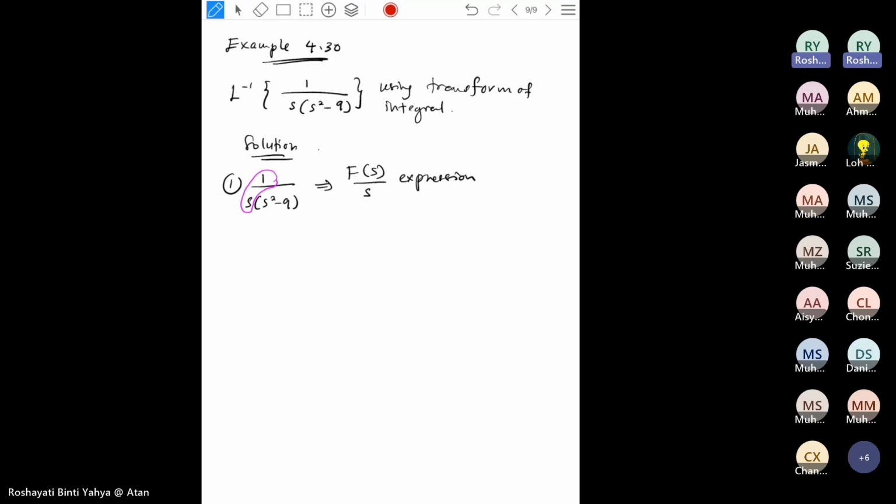So your F(s) now becomes 1 over s squared minus 9. Class, 1 over s squared minus 9. Why can we not choose this?